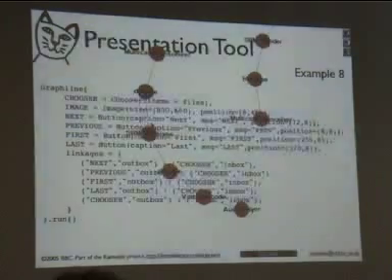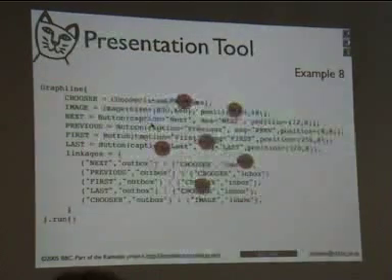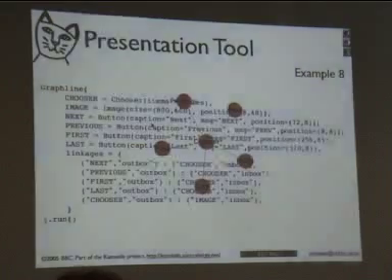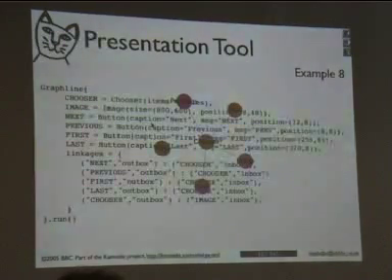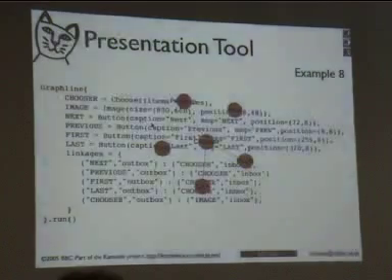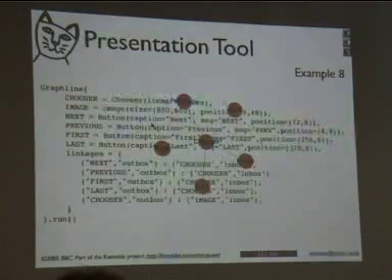Okay, a simple presentation tool which I've used in the past, it's not this one, looks like this. It has a chooser which loops through a list of files, which might be a bunch of images in this case. There are also a variety of buttons which are all just linked in.